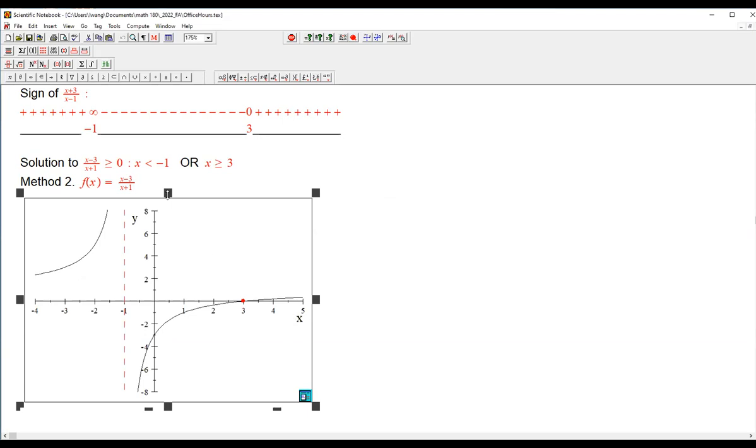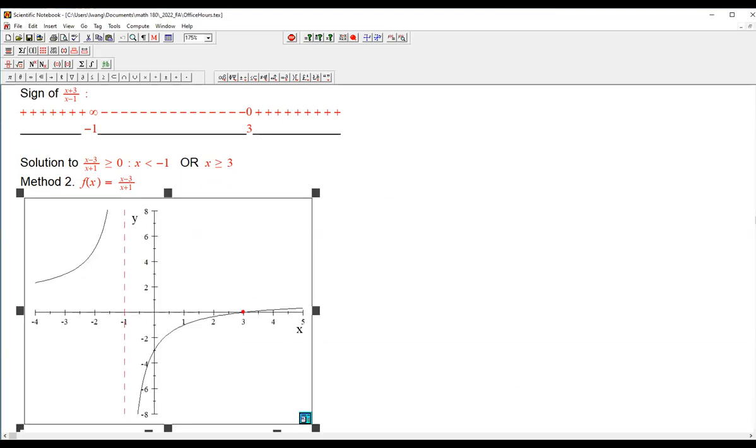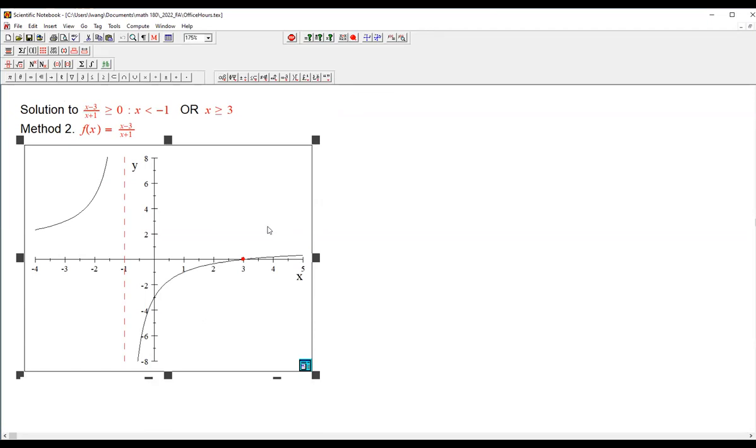Okay, so that picture should be proper for us to see. That point is 3, 0. So you can see the solution would be all the pieces, right? Because this piece's output is positive, satisfying greater than or equal to 0.